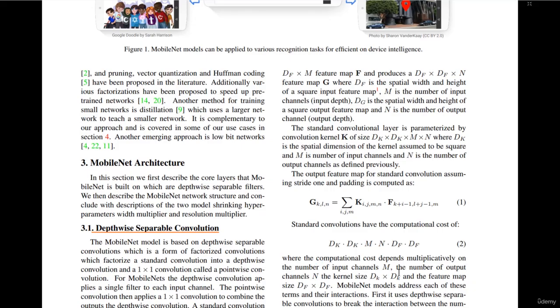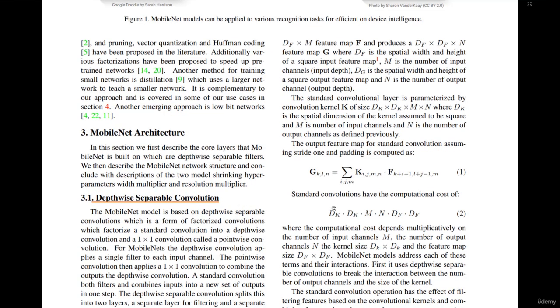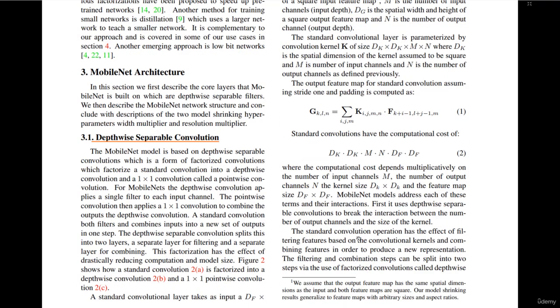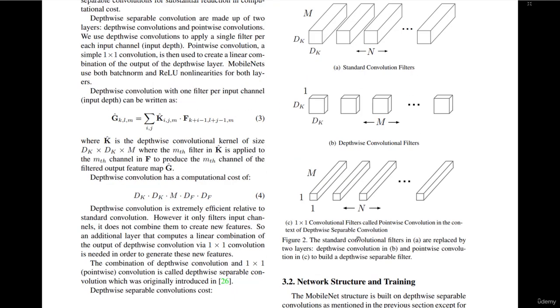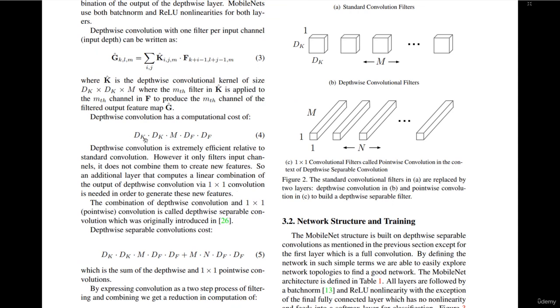And it's these calculations that the authors put forth in the paper, which showed how they had dk by dk by m by n by df by df, and then later on showed how for the depth-wise convolutions we have dk by dk by m by df by df. So the n is taken off with the depth-wise convolutions.